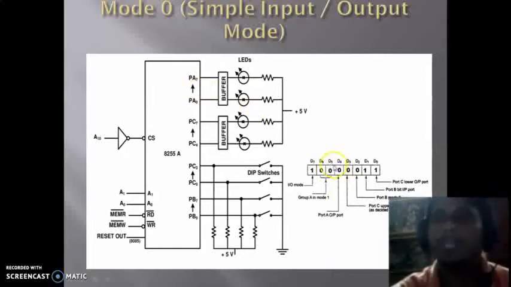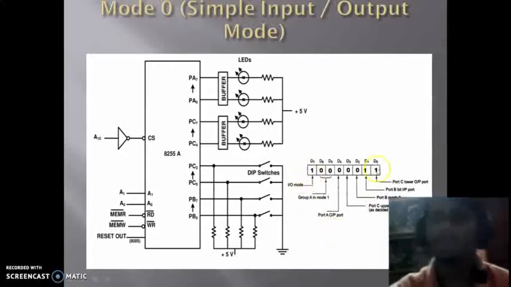Now D5 and D6 are the mode selection bits of port A. Here the mode is 0, so that will be equal to 0 0. So the port A mode is mode 0. Now the 1 specifies the input output mode, and mode 0 is the input output mode, so that's why the D7 bit will be equal to 1.